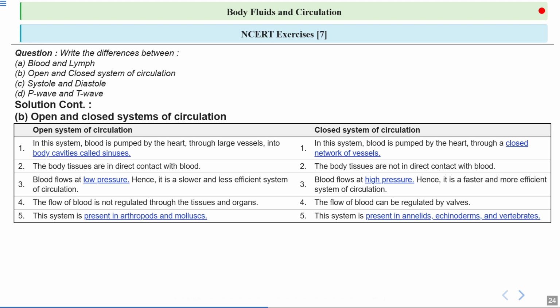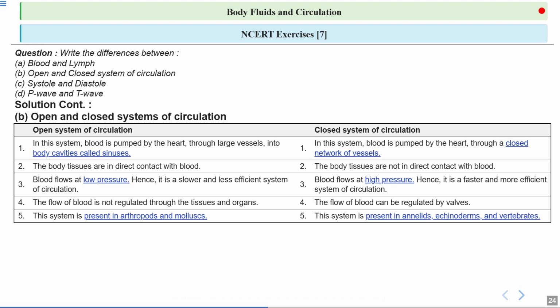In contrast, annelids like earthworms and echinoderms and all vertebrates use a closed circulatory system, a high pressure, more efficient system where blood is always confined to a closed network of vessels and is precisely regulated by valves to ensure rapid, directed delivery of oxygen and nutrients to the tissues.